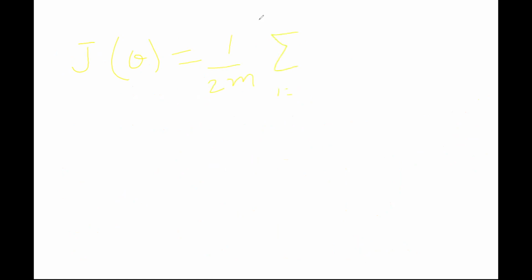Summation i equal to 1 to m, then here we have to write h of x_i minus y_i, whole square. And in gradient descent, what we do is update theta.